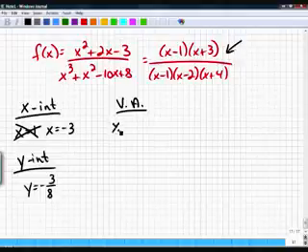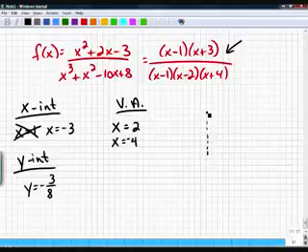So you have a vertical asymptote at x equals 2 and at x equals negative 4. Is your graph defined at those two values? If you plug in 2 and negative 4 into your function, will you get numbers? 0 on the bottom. It's undefined at those values.